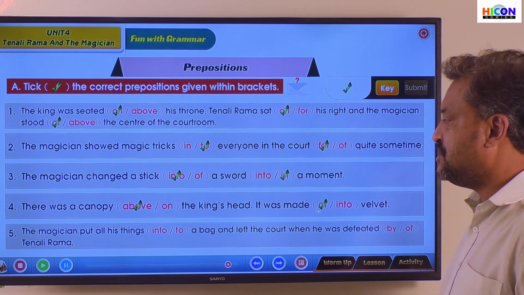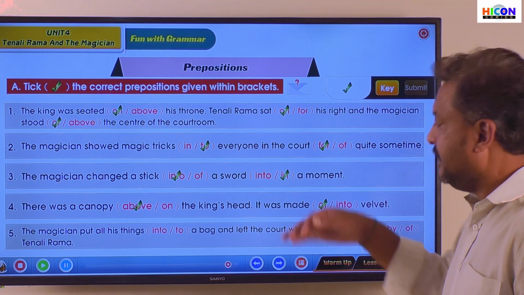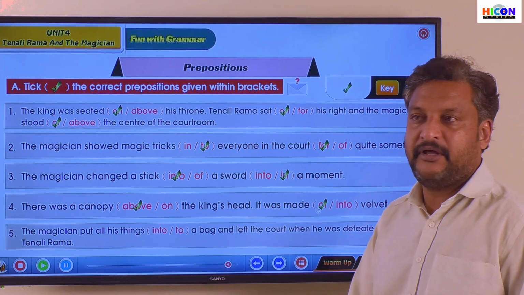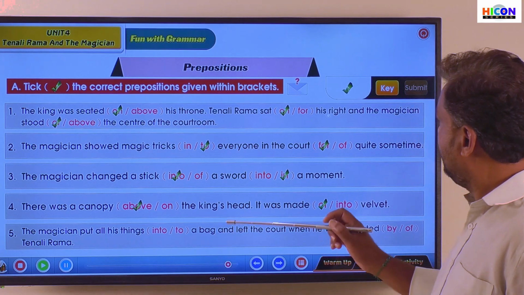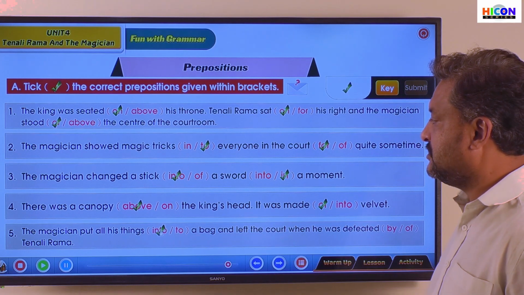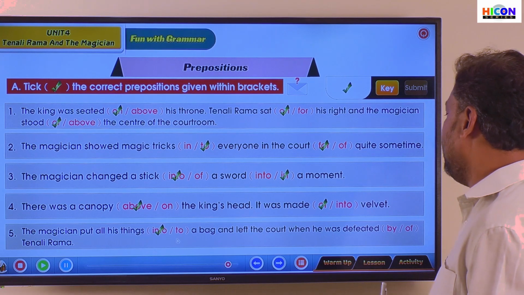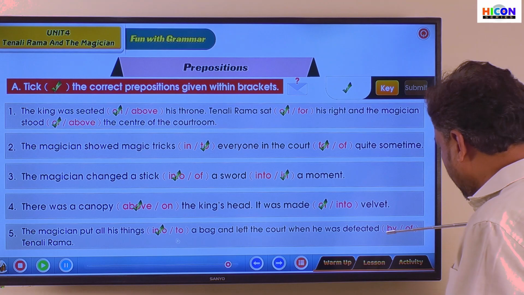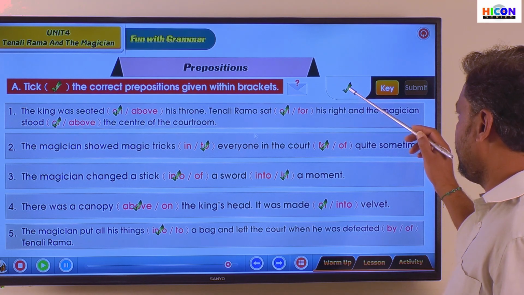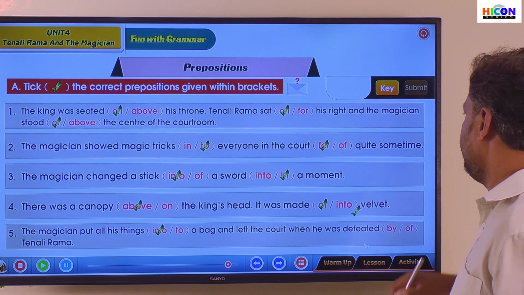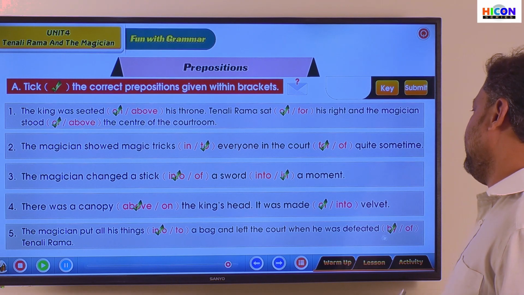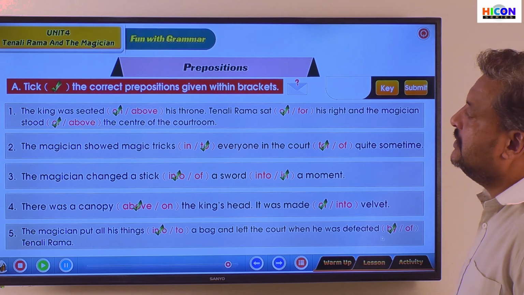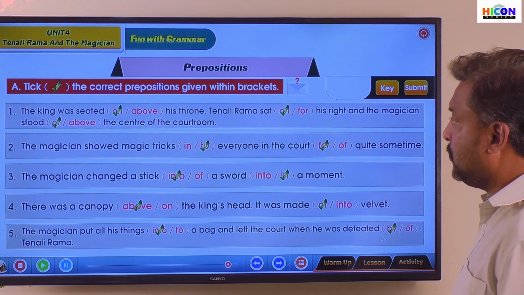The magician put all his things into a bag and left the court when he was defeated by Tenali Rama. Now we have done it. The king was seated on his throne.